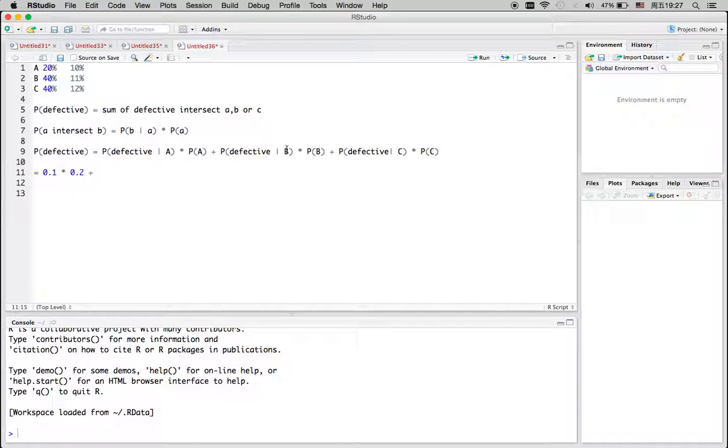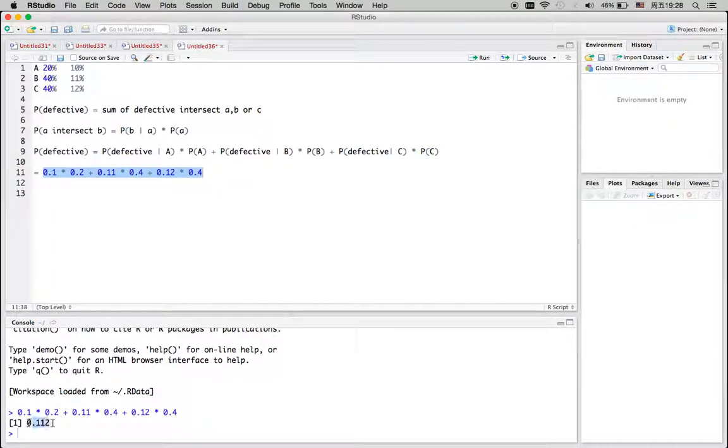Same for the second term: defective given B is 11%, so 0.11, multiplied by the probability of product B, which is 40%, 0.4. And then defective given C is 12%, multiplied by the probability of product C, which is 40%, so 0.4.